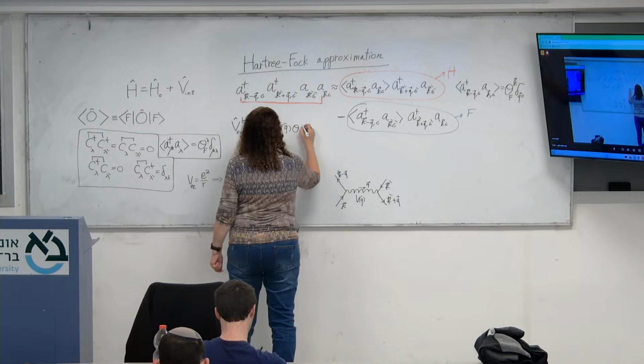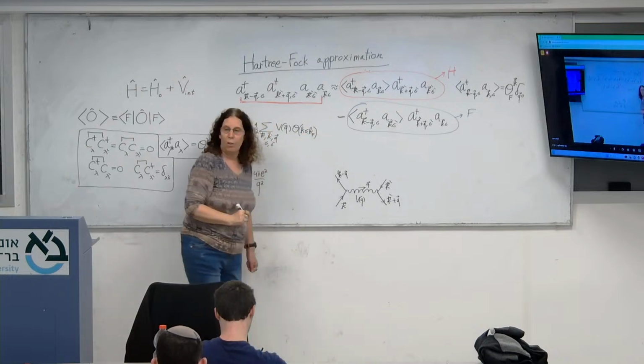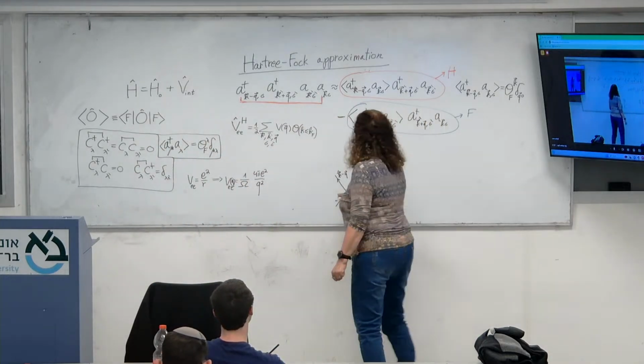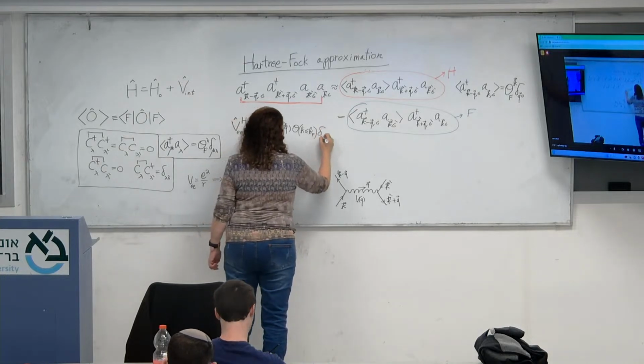This is theta of k has to be smaller than kf. That's first of all an occupation, which is this theta. Delta of Q0.